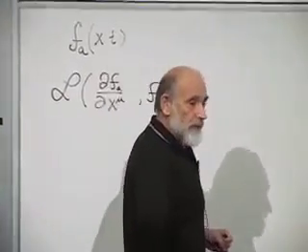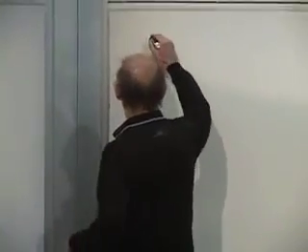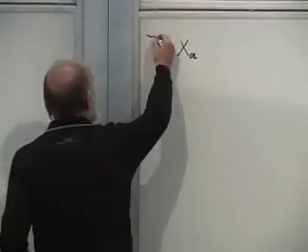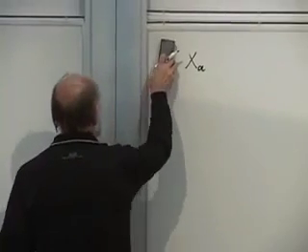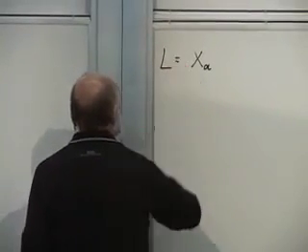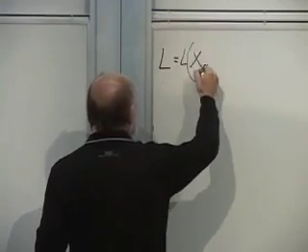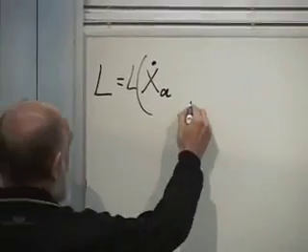Before I do, let me write down the ordinary form of the Euler-Lagrange equations for the motion of a particle. If you have a set of particles, instead of having F_a, we would have a set of coordinates x_a, and the Lagrangian L would be a function of the time derivative of x, that's the velocity, and the x's themselves.